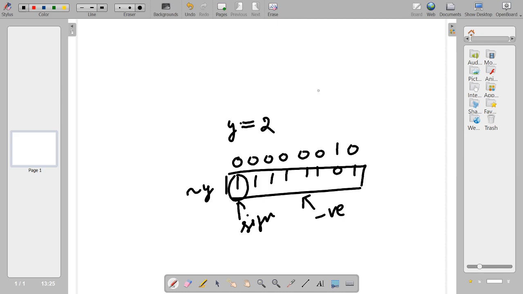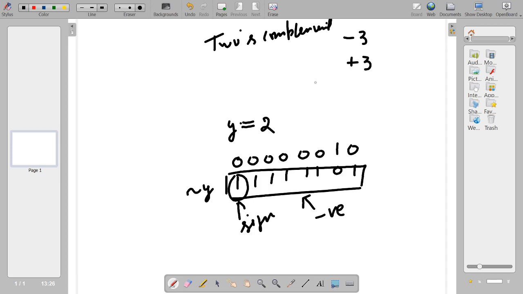Now let's see what -3 is. How is minus 3 stored on the machine? Minus 3, or all the negative numbers, are stored in 2's complement form. What is 2's complement?